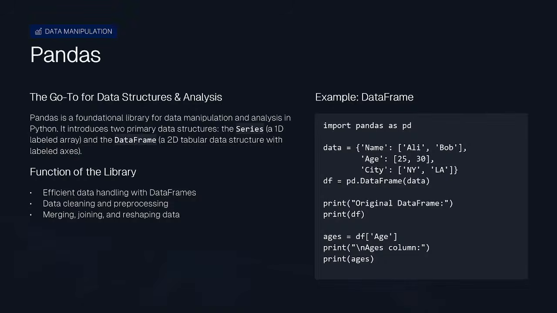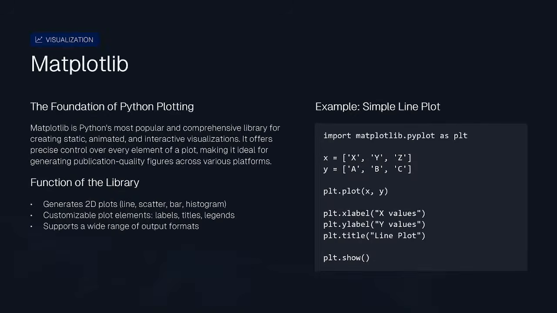Okay, so Pandas is basically for data manipulation. The third is Matplotlib. Matplotlib is basically used for visualization. Mainly, if you want to visualize something, like I want to make a bar chart or pie chart or any type of plot, I can make it from Matplotlib. It basically generates 2D plots like line plot or scatter chart or bar graph or histogram, anything like that.